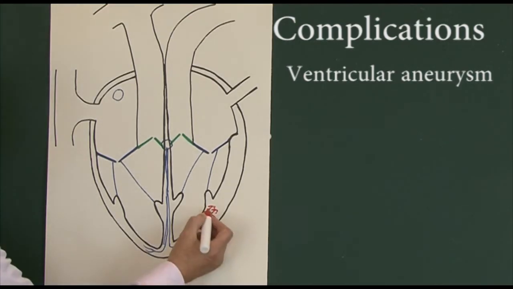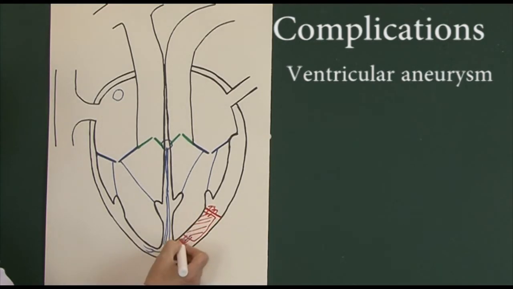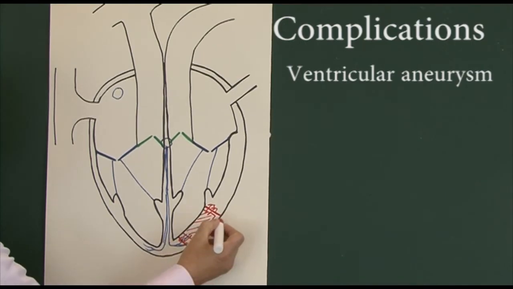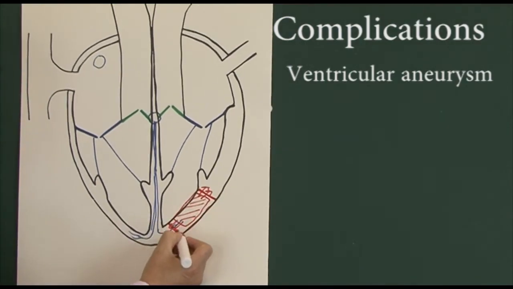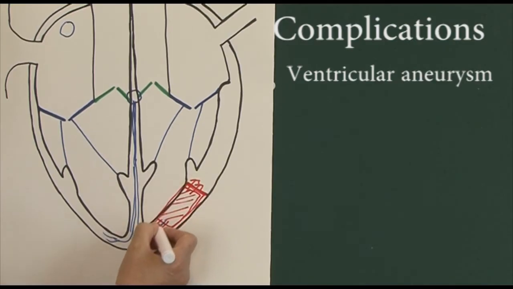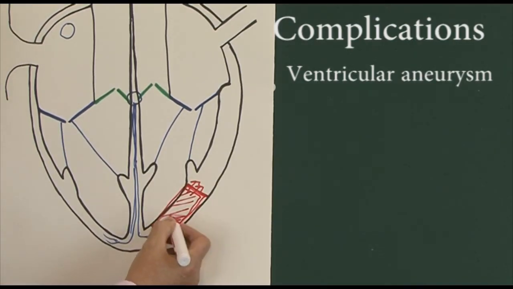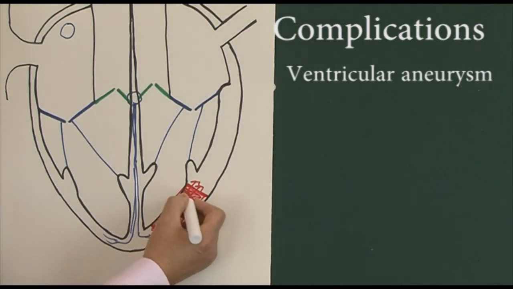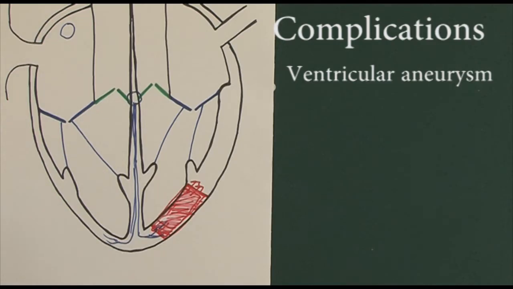So a transmural myocardial infarction means that the whole thickness of the myocardium is involved. And this leads to scar tissue formation, mostly collagen.